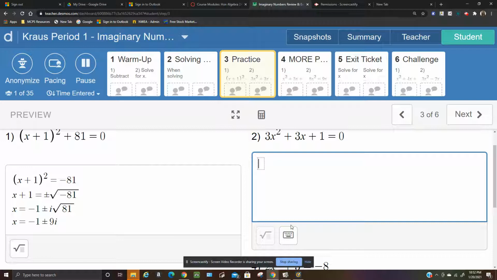Using the quadratic formula, the opposite of 3, negative 3. 3 squared is 9, minus 4 times 3 times 1.